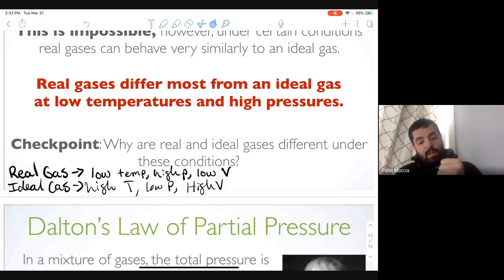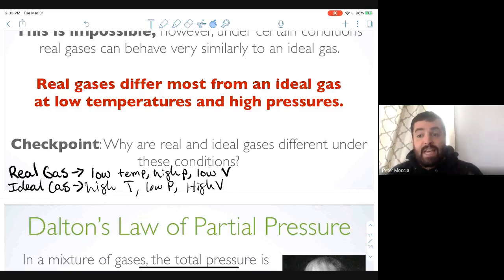They're more likely to be attracted when they're moving really slowly and they have time to form some sort of attraction and change their course of motion. So that's when they start acting as a real gas, when there's a very low temperature and they're not moving as fast. Also, another assumption we make is that their volume is negligible.